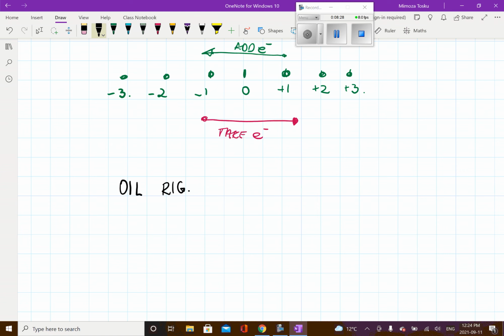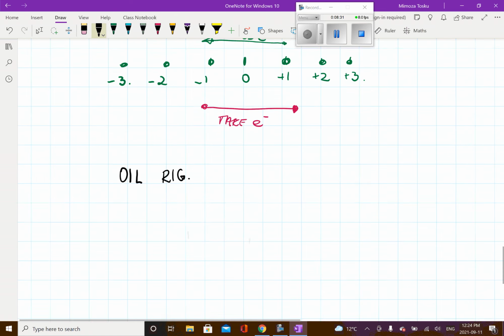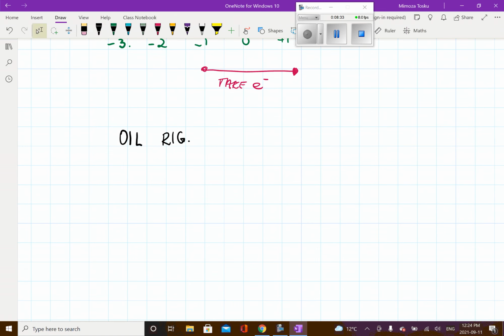It's simple, it's easy, and you don't have to make noises for it. So for oil, oxidation is losing electrons, and for rig, reduction is gaining.